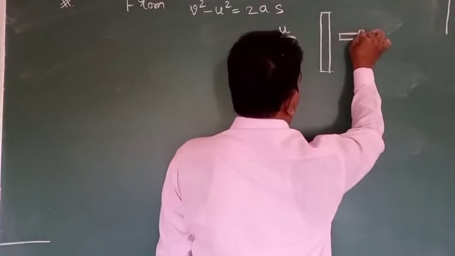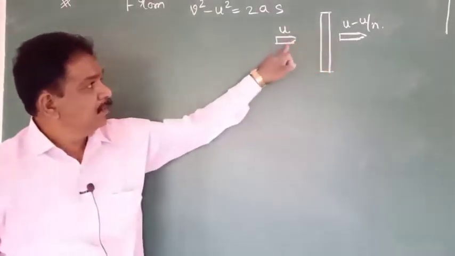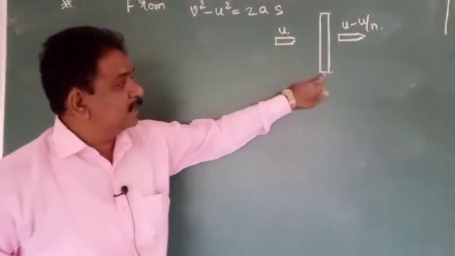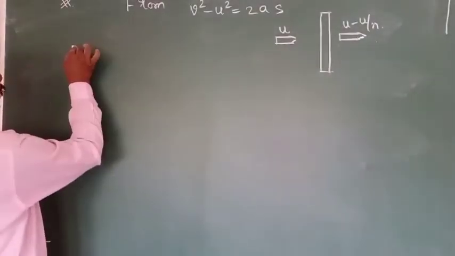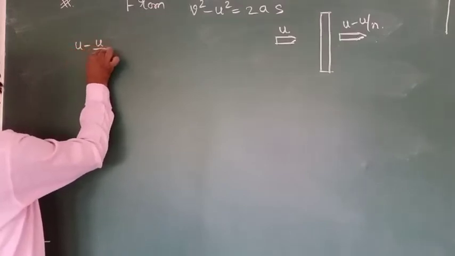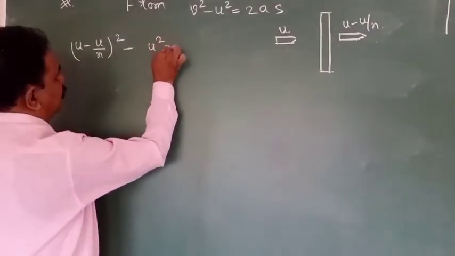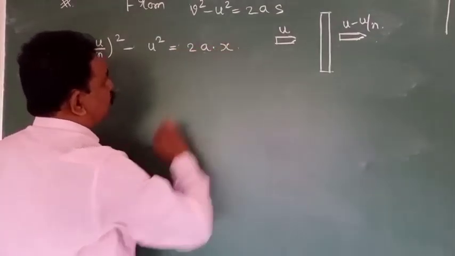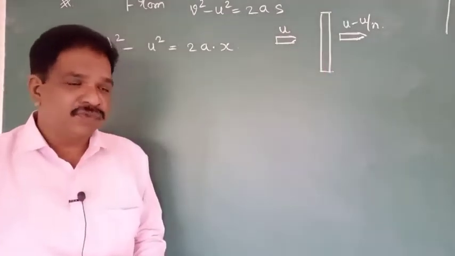After coming out of it, its velocity becomes u minus u by n. This will be the final velocity, and u the initial velocity. I am assuming x is the thickness of one plank. So (u minus u by n) whole square, the final velocity squared, minus u square, the initial velocity squared, is equal to 2a into the thickness, which I am assuming is x.